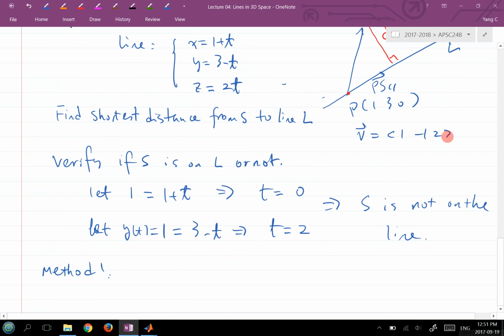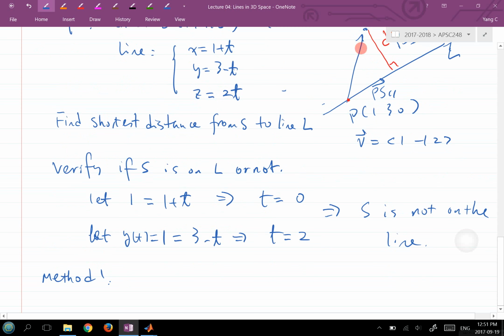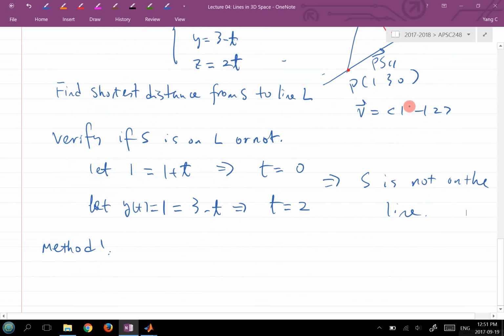So first step, find the P, create a PS vector. So the PS vector here is (1, 1, 5) minus (1, 3, 0).